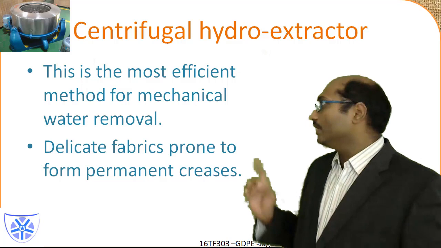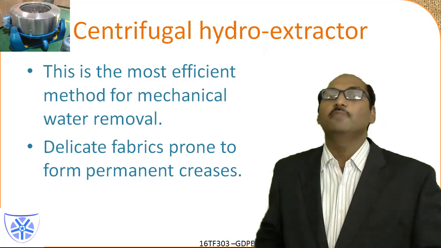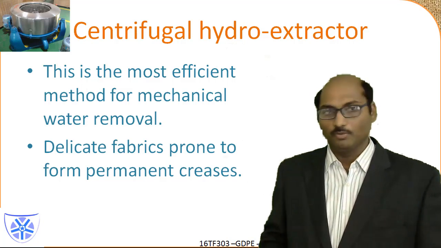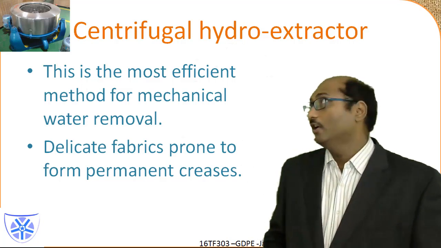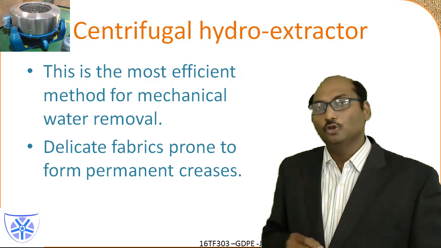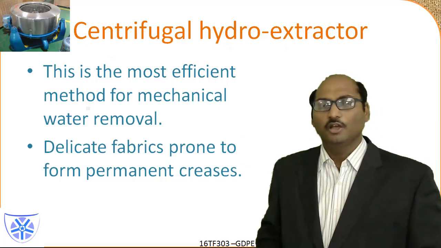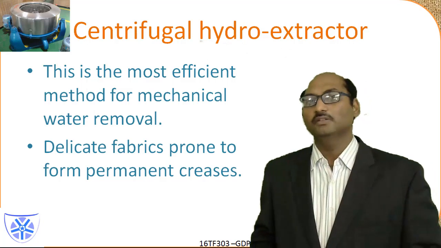So this centrifugal hydro extractor is the most efficient method for mechanical water removal, and delicate fabrics are prone to form permanent creases, so generally only if you rotate for 5 minutes, the maximum amount of moisture can be removed from this centrifugal hydro extractor.